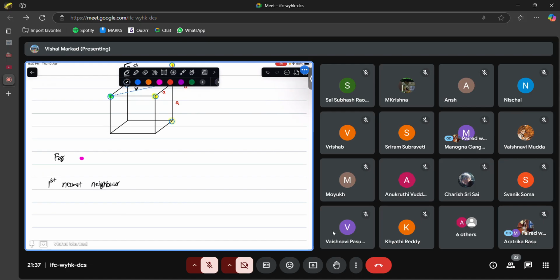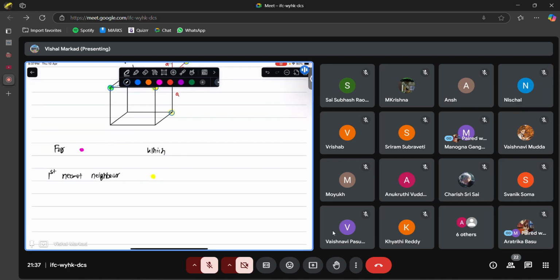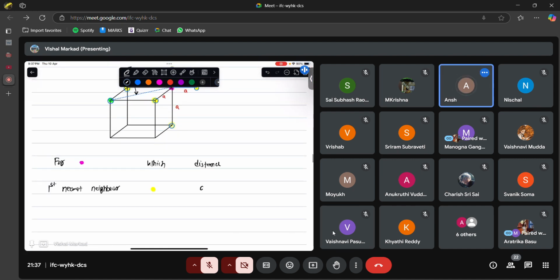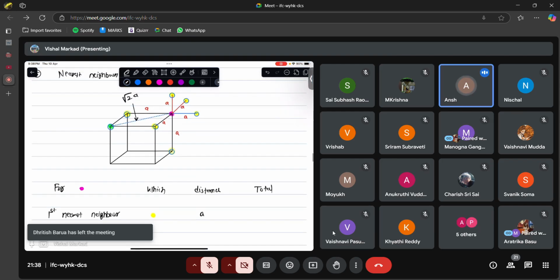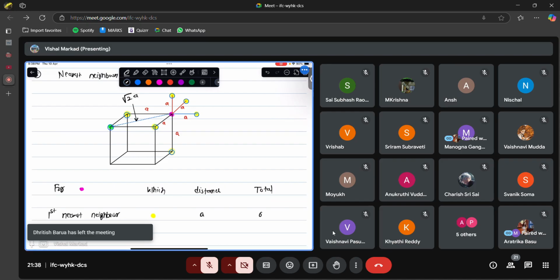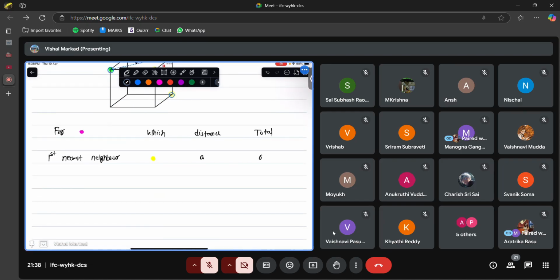Yes. Yellow one, right? So that I am writing. Yellow one will be there. Can you tell me what is the distance between that pink and yellow one? A, 2R. A will be the distance. Total how many such yellow atoms will be there? 6. This is the first nearest neighbor.